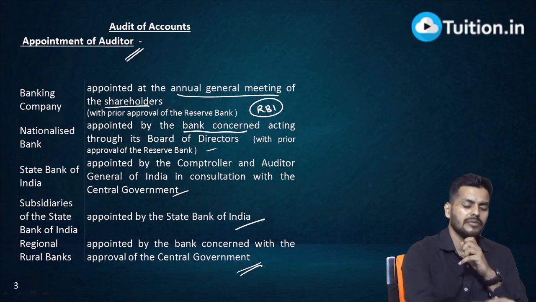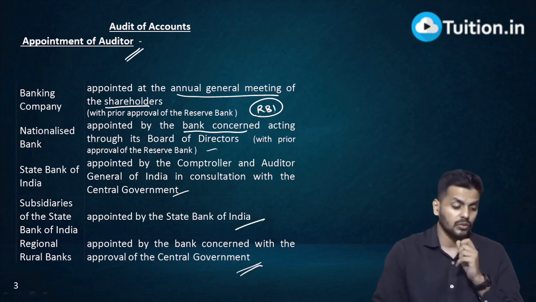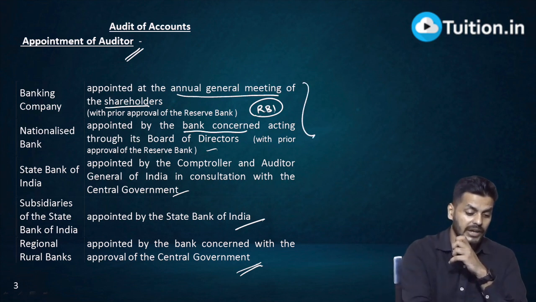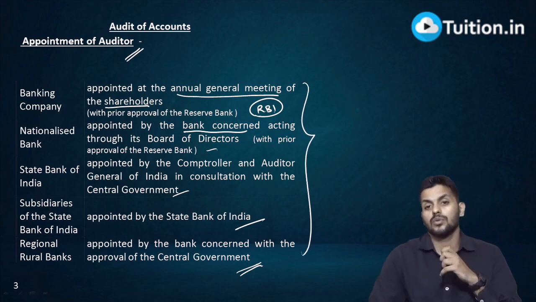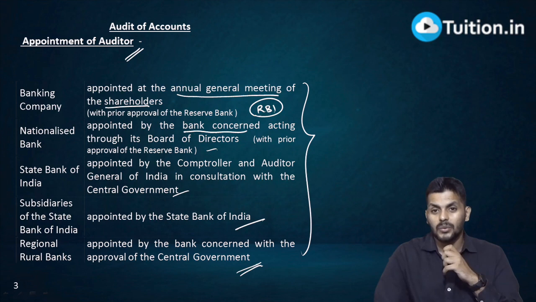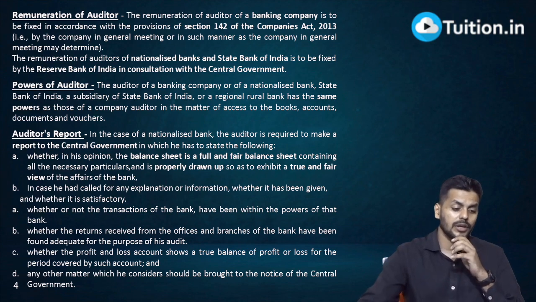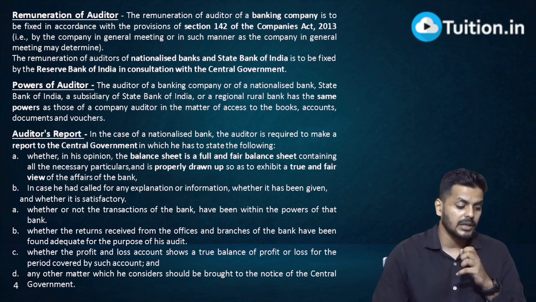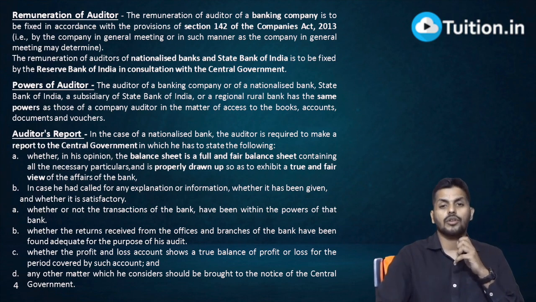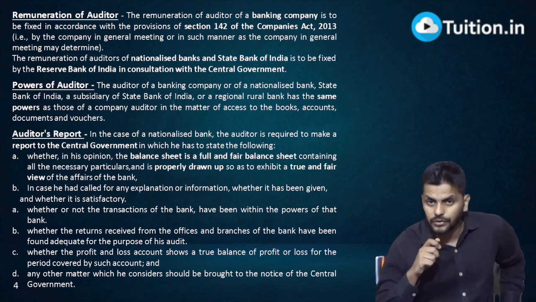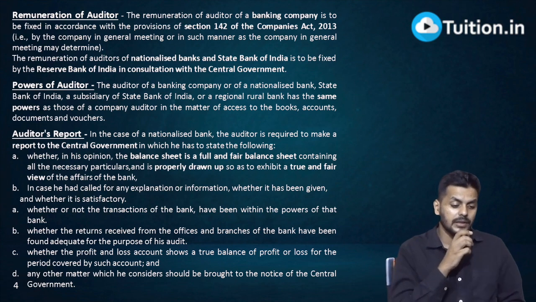And if any of you watching this are students of CA Inter, there also we have made this kind of a table to highlight who becomes the auditor of which bank. It's a very important and a very basic topic as well. Going by that, remuneration of the auditor shall be in accordance with section 142, which talks about remuneration of auditors, the same section that is applicable here also.